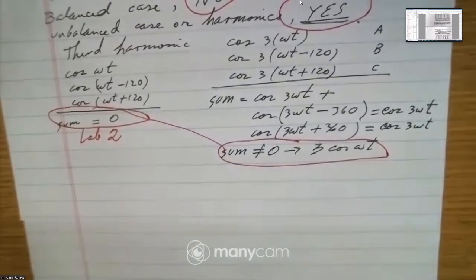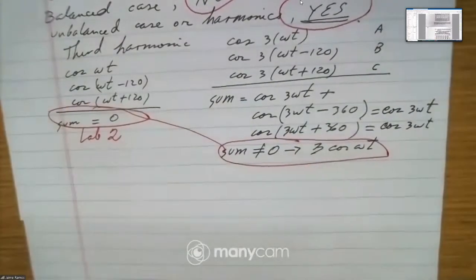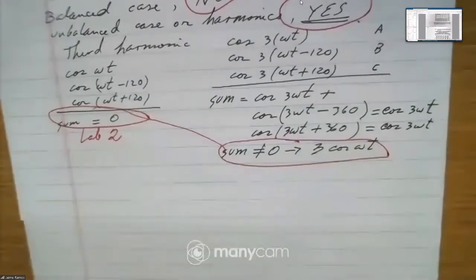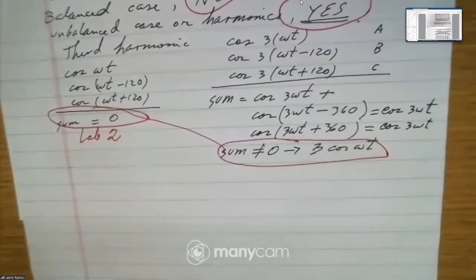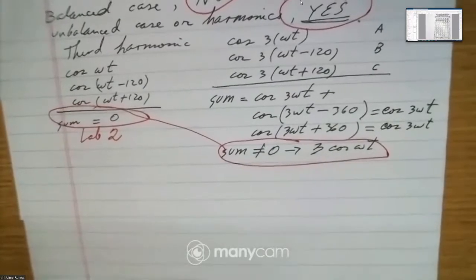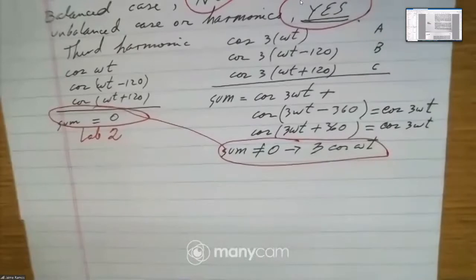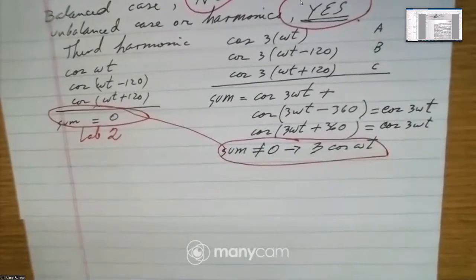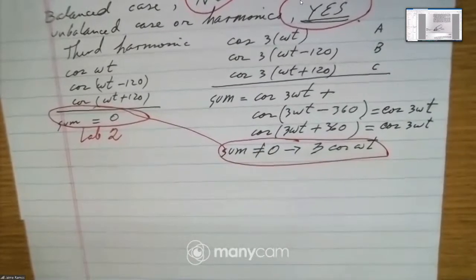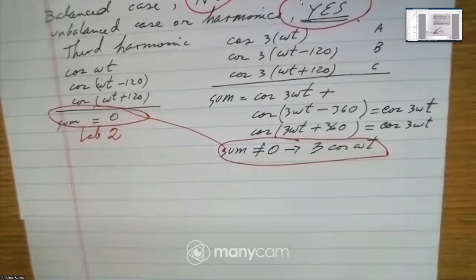Then let's go to the next page, 349. Okay, so here we have our 3 conductors in the raceway.